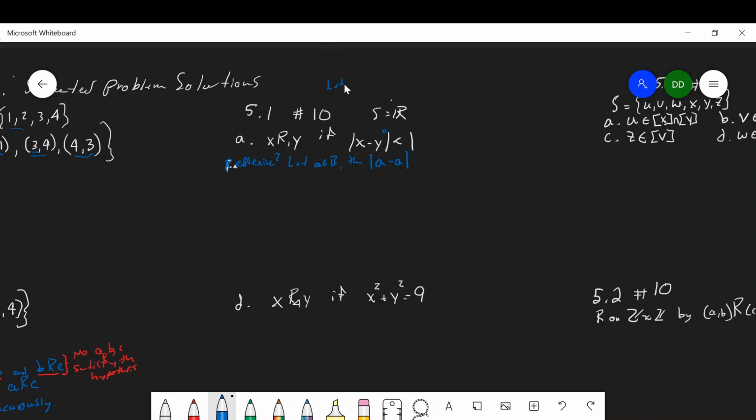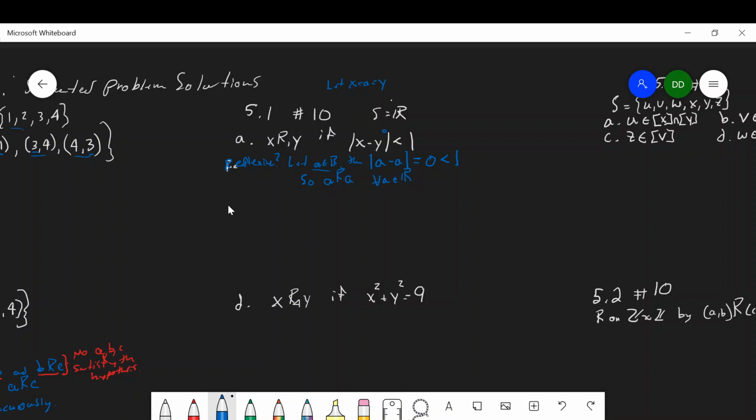For reflexivity, let X equal A equal Y. Let them both be called A. Well, A minus A, the distance between A and itself is 0. And that's certainly less than 1. And since this was an arbitrary real number A, we can say A is related to A for all A in R.